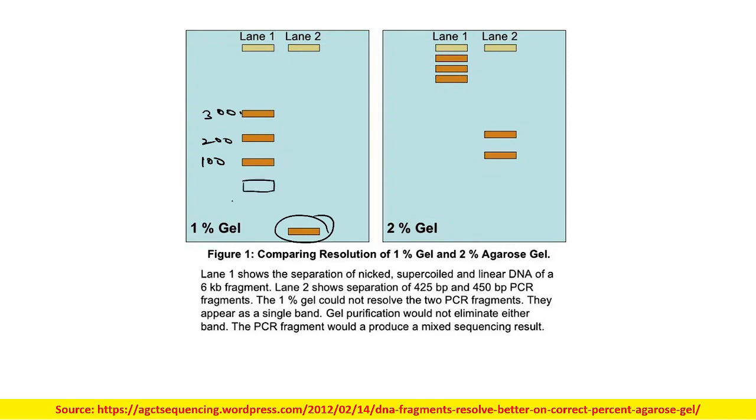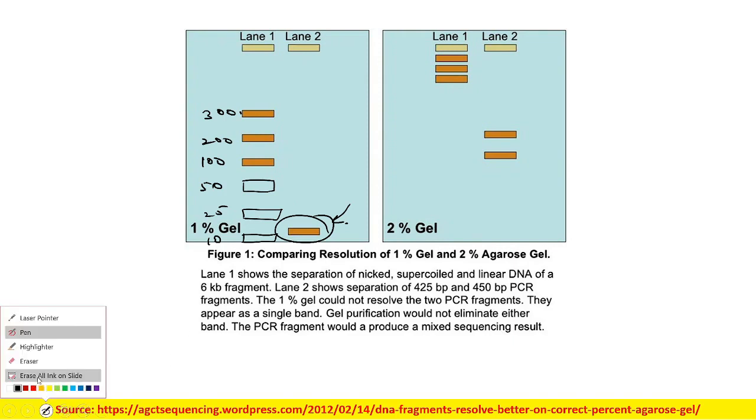Suppose you may be having 50, then again 25, then say 10. Say for example, I am giving you a hypothetical case. So we can interpolate from here and say that our sample may be having this molecular weight or base pair size in between say 10 and 25. However, that is not the actual way. We can estimate from here.